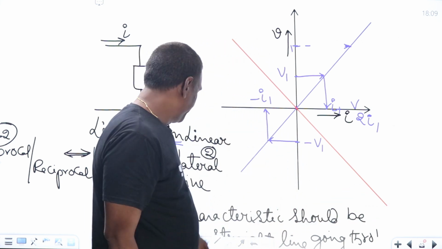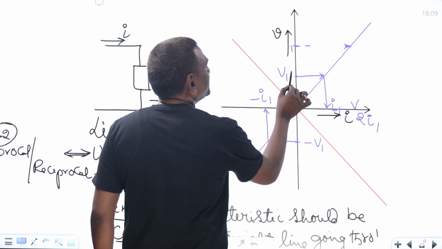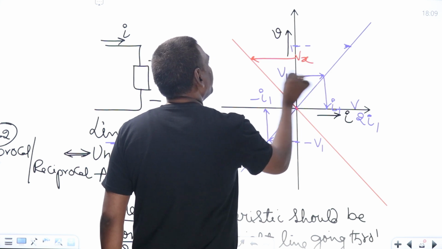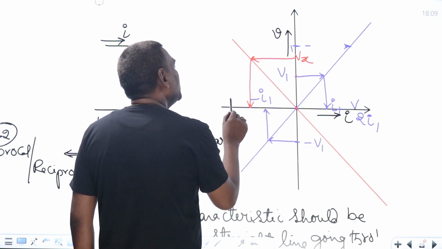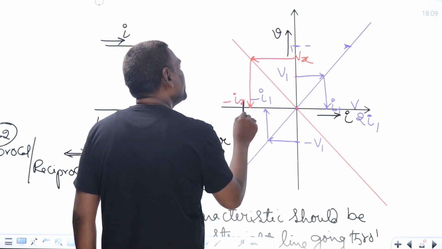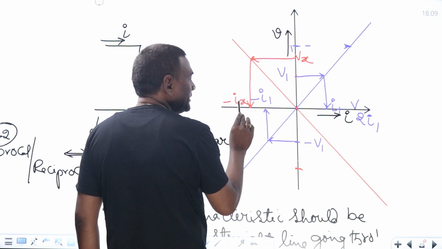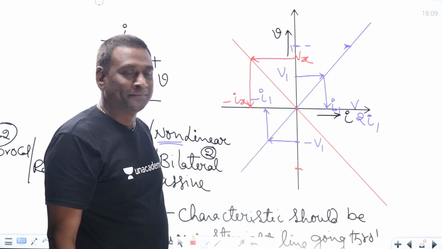For example, if I have the red characteristic, then what is going to happen? For this much V1, let me take this much Vx as input, minus Ix, because this is the negative side of current, so minus Ix is going to be the output. If I convert that to minus Vx, minus Ix is going to become plus Ix. The ratio is maintained, right?